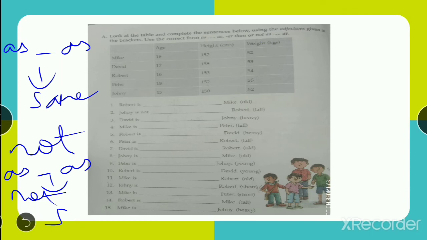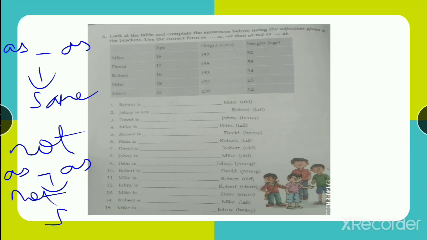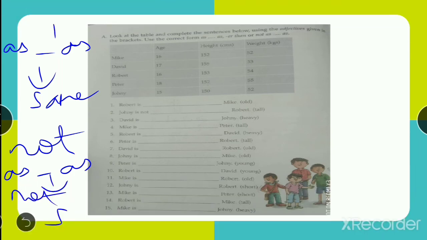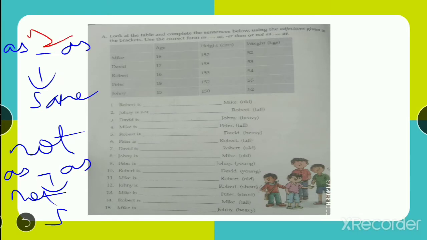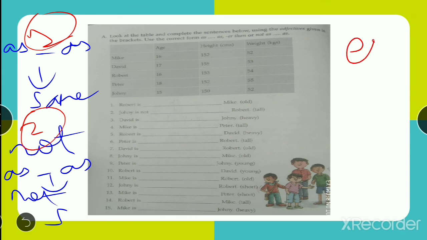Now you know what er than means: it means comparative, right? So you have to use this, and what else? Er means you add er after the adjective, and then add than to show comparison.